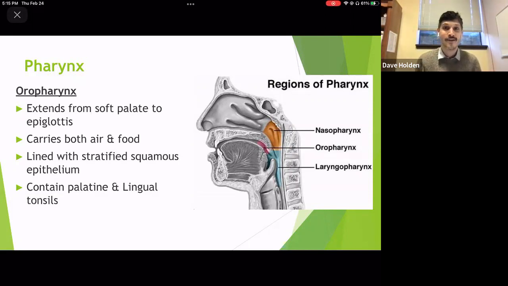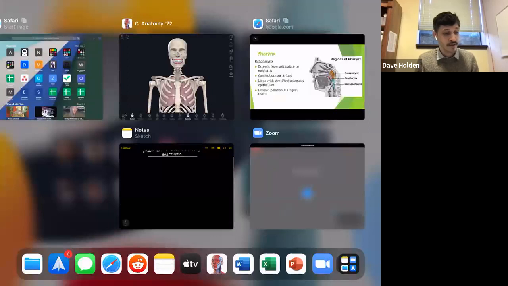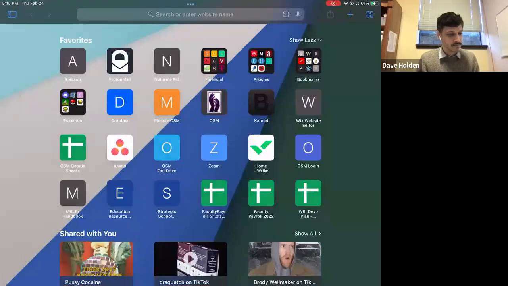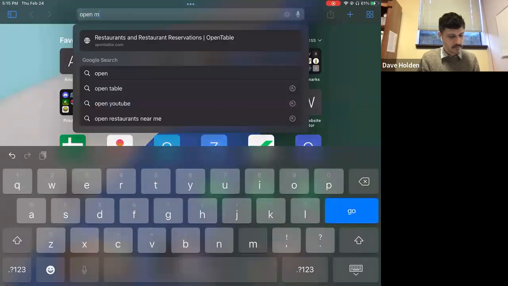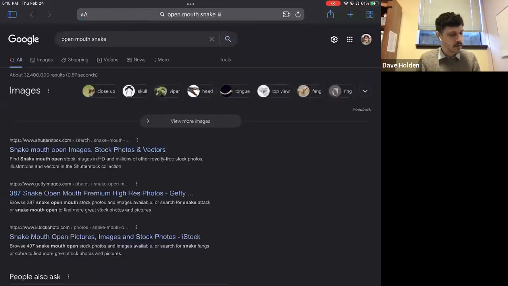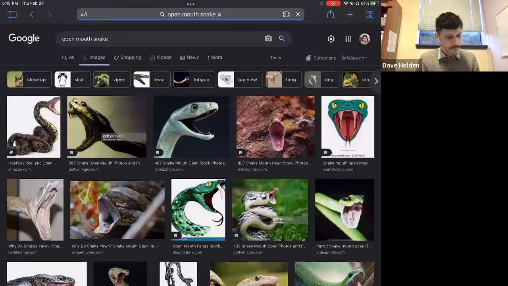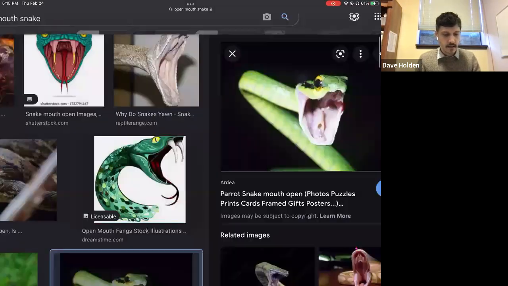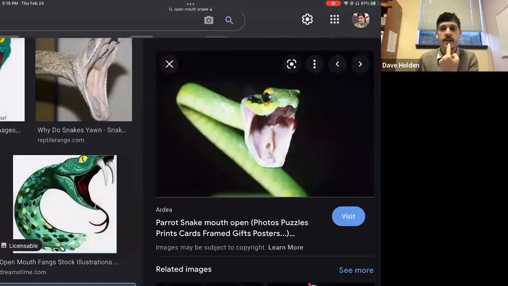Unlike snakes, however. Have you ever seen the inside of a snake's mouth? They've got a windpipe, almost like a tongue. If you say no, let me show you something. If you have a snake phobia, trigger warning. But when you look inside the mouth of a snake, you see that little tube at the bottom of its mouth?